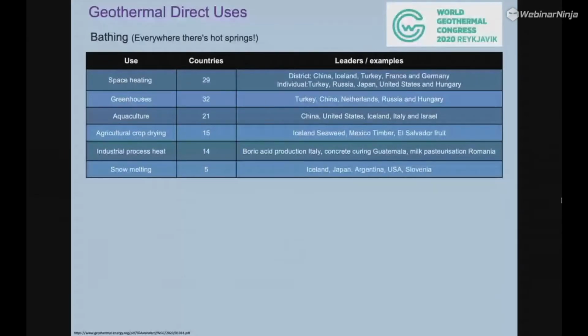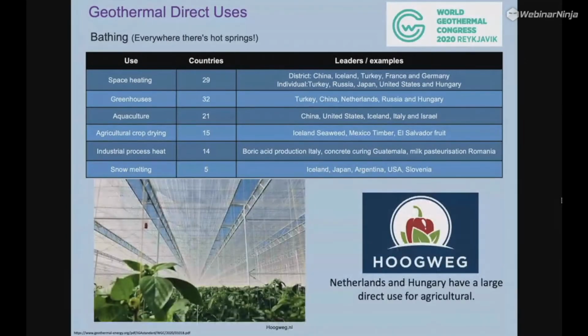Greenhouses: geothermal is used in 32 countries to heat greenhouses, world leaders being Turkey, China, and then the Netherlands. The Netherlands is one of the countries we capture in TROVE. So here's just an example of a greenhouse from the Netherlands powered by geothermal. We have 21 countries that use geothermal for heating in agriculture.